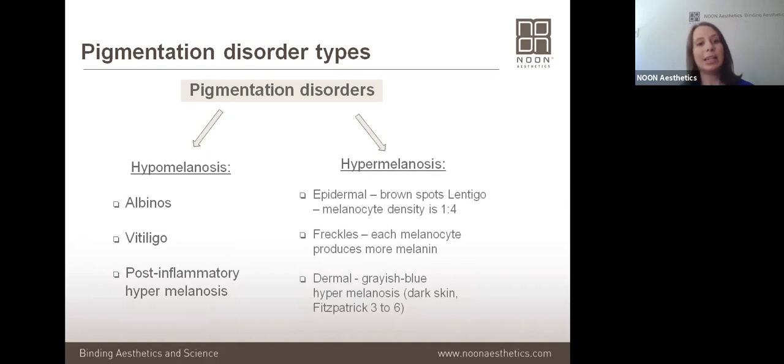So let's dig in a little bit about the types of pigmentation disorders. As I mentioned, it can be hypomelanosis or hyperpigmentation. A little bit about hypo conditions that we have. Hypo means less. If hyper is more, then hypo is less.